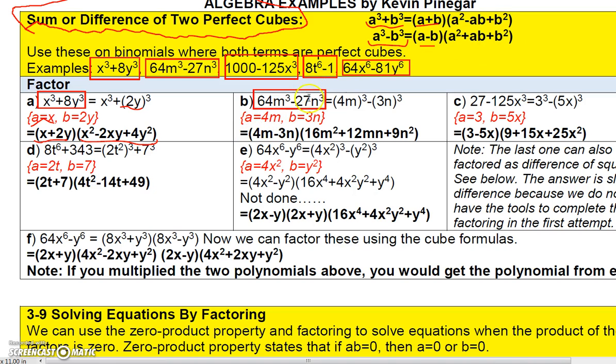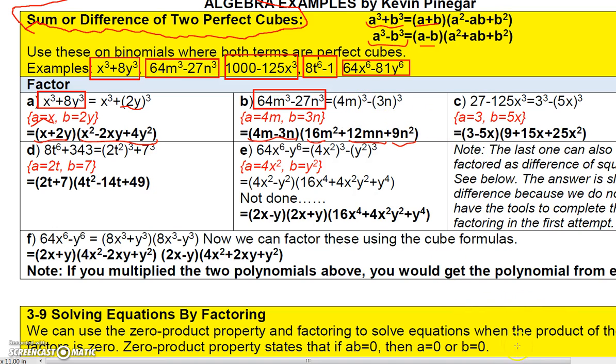So the a minus b would simply be the 4m minus 3n here, and then the a squared, you would square 4m and get 16m squared, and then you would add to that ab, so that would mean you would multiply 4m times 3n and get 12mn, and then you would square the 3n and get 9n squared, because the b squared has to be the last term.